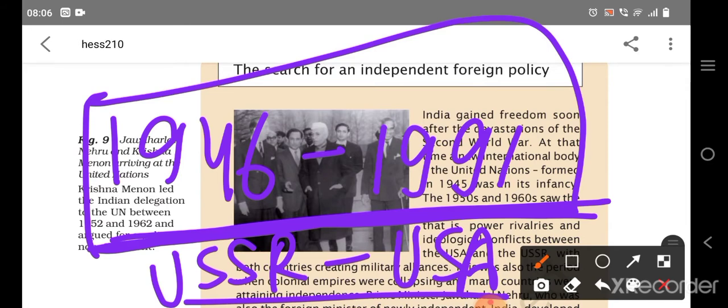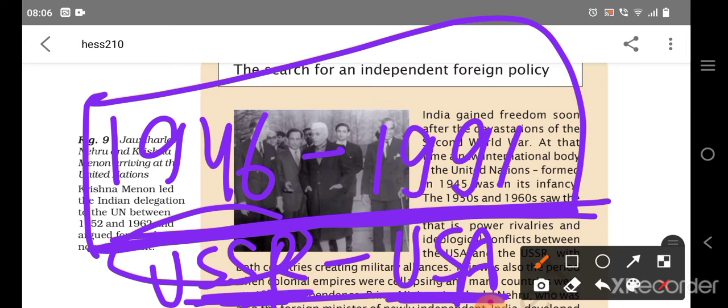For example, take Iraq. If Iraq stood for USSR, then the US would fight with Iraq, not with USSR directly. It would indirectly fight with Iraq.